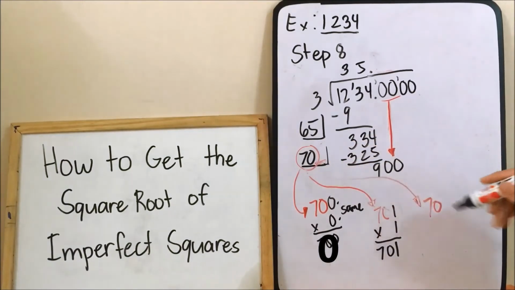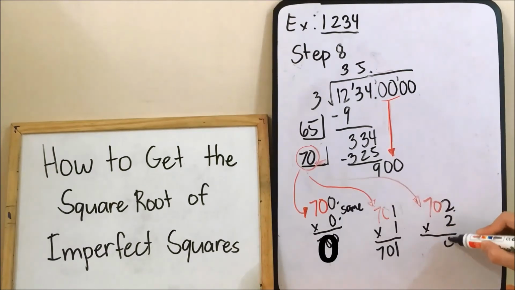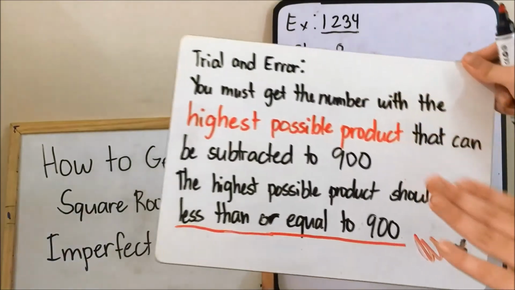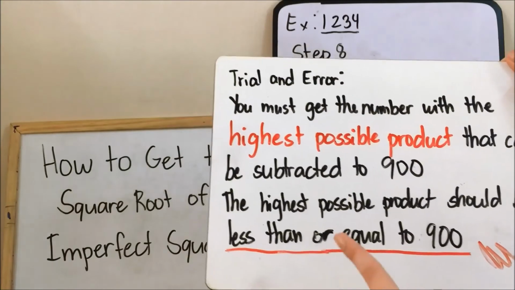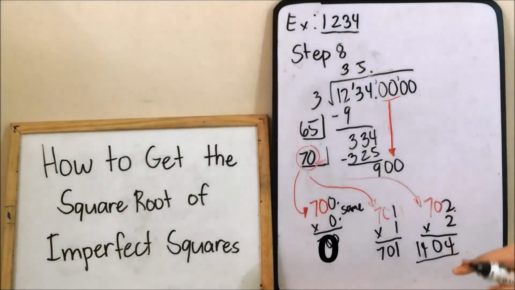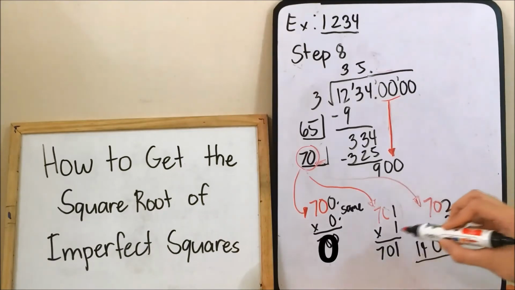Let's try 2. 702 times 2. 1,404. It is a really high product, but it says here that it should be less than or equal to 900. And since 1,404 is greater than 900, this cannot be our product and this cannot be our number.